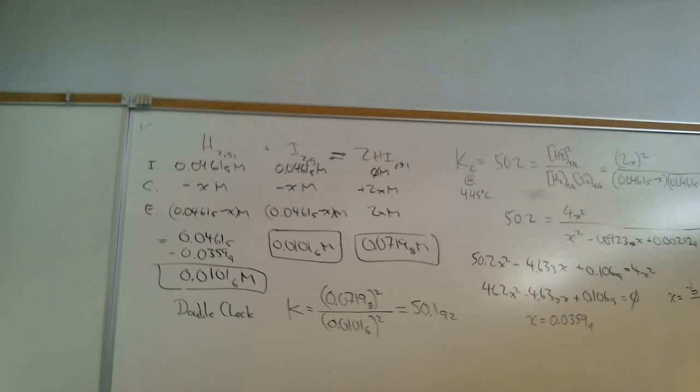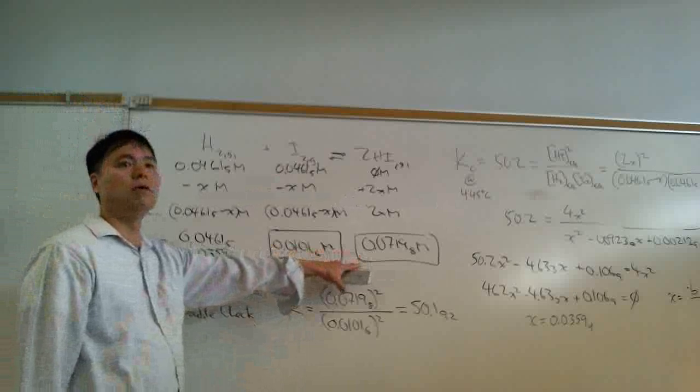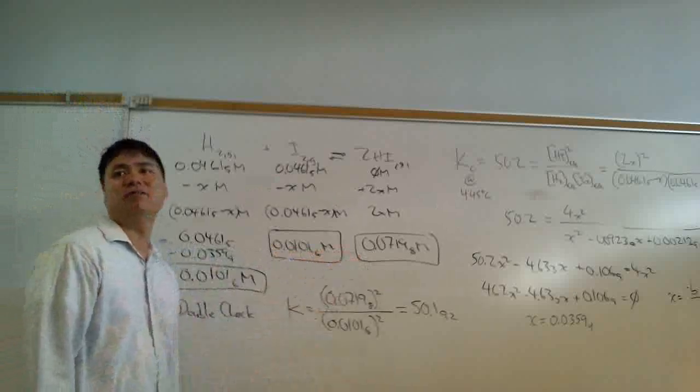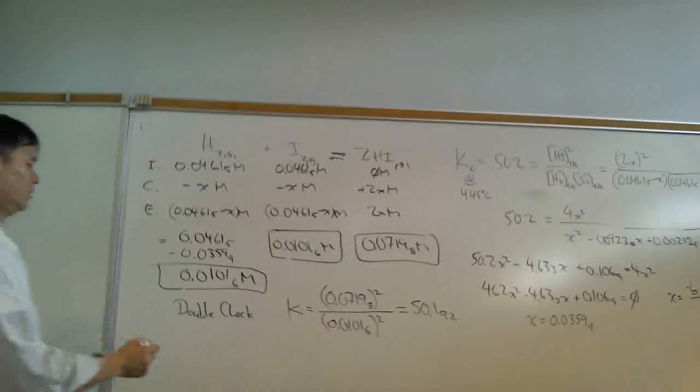Oh, yes, you're right. We aren't answering the question because they're asking not for concentration, they're asking for amount. And so we need to go from molar to moles, and for that we need a volume. The last step would be times 3.25 liters to get the moles.